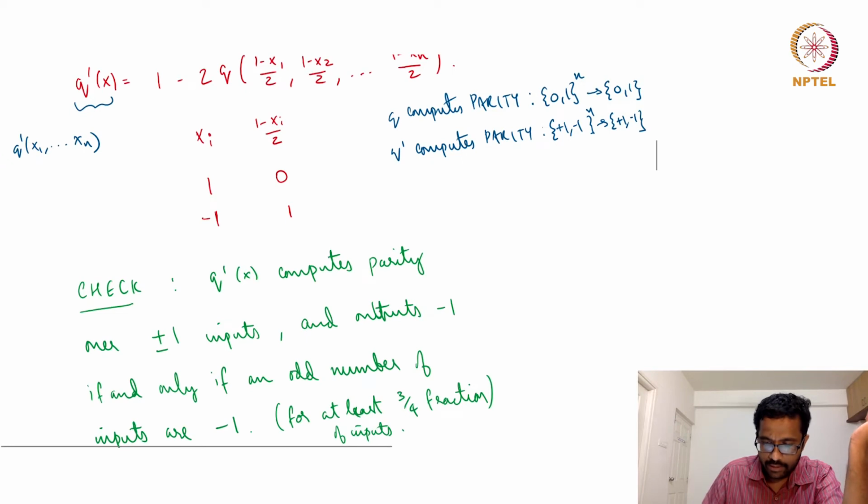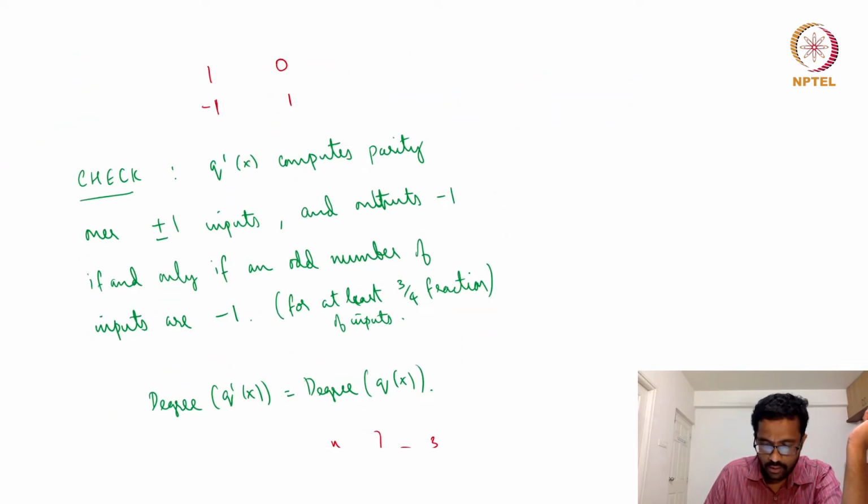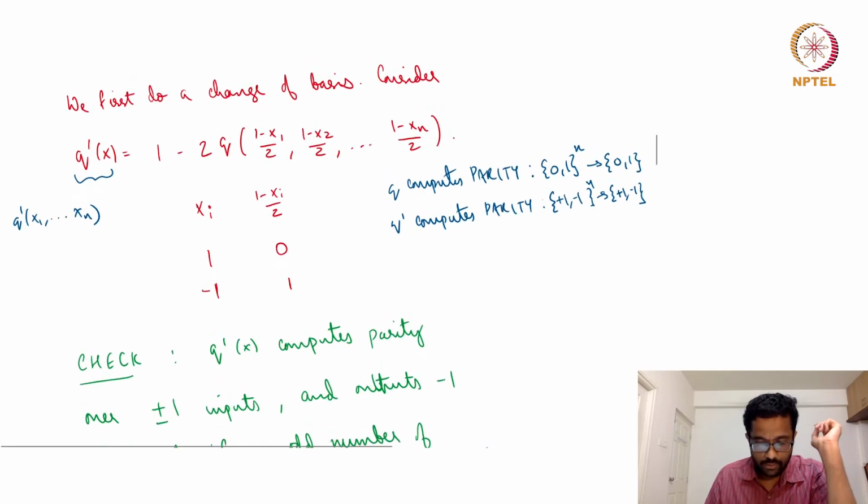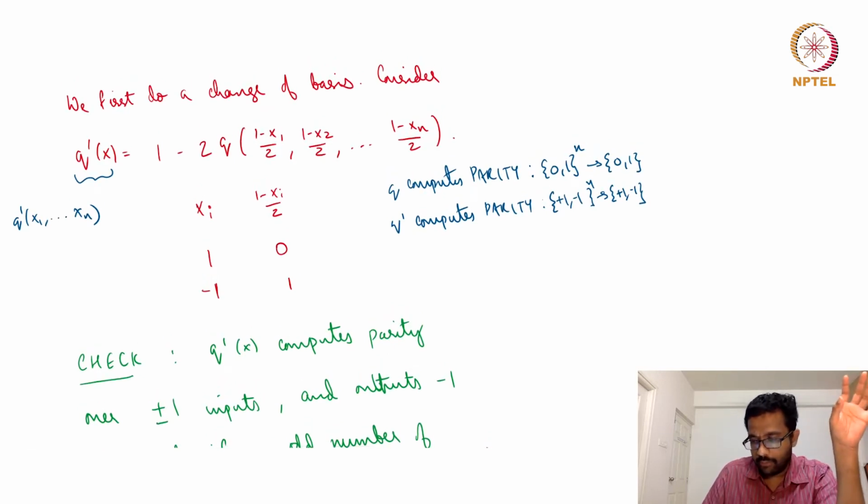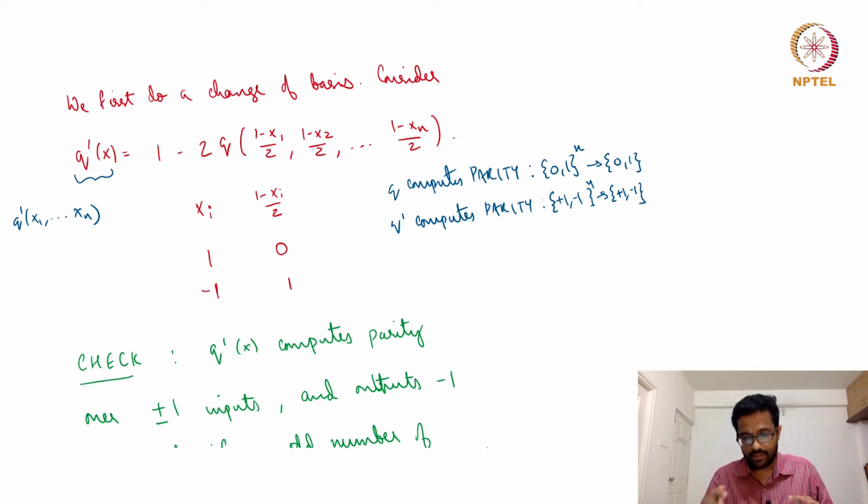So you can check that Q prime computes parity over plus minus 1 inputs and outputs minus 1 if and only if an odd number of my inputs are minus 1. Okay, so it is exactly like 0, 1, but we replace 0 with plus 1 and 1 with minus 1.